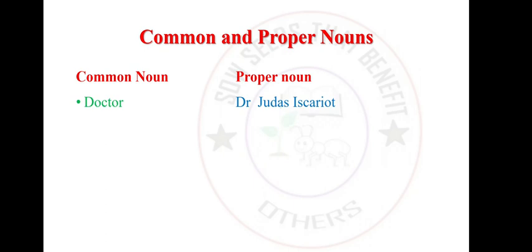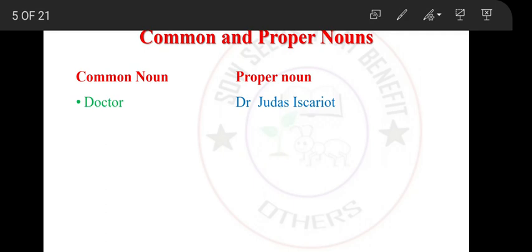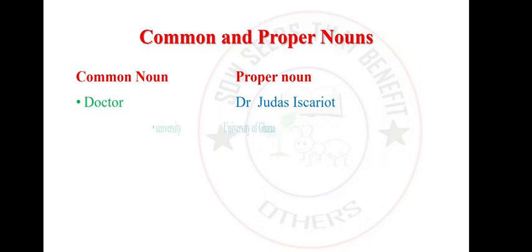So here we have doctor. It's a common noun. But Dr. Judas Iscariot is a proper noun. I may mention the name of a priest, the name of an institution. So university, it belongs to what? To school. University is a common noun. It's a school of the highest learning, university.